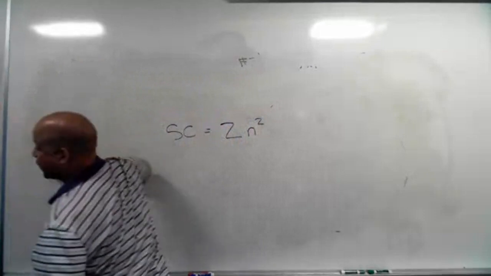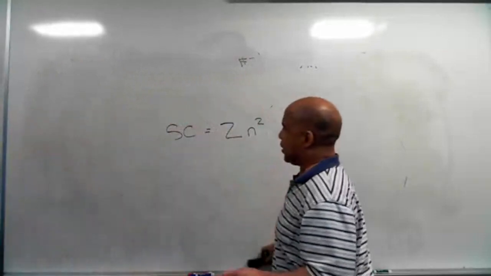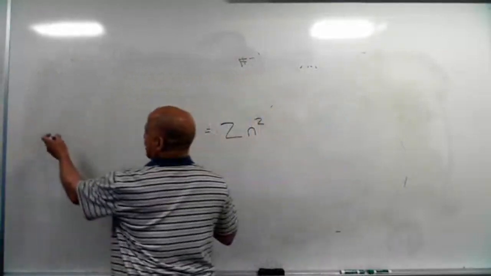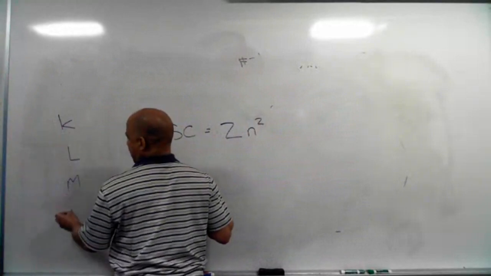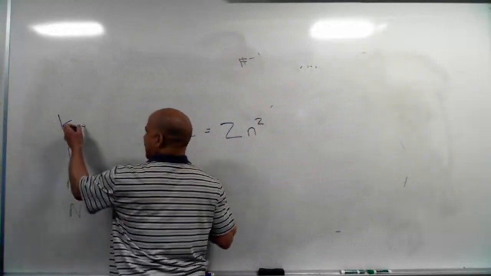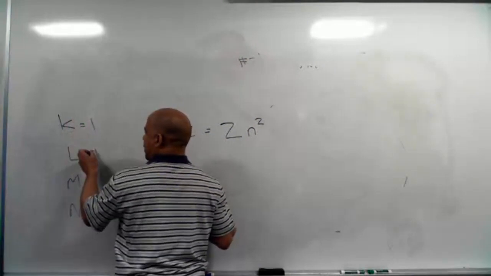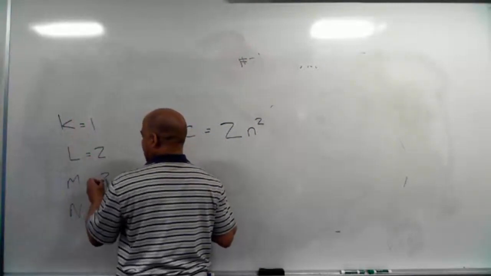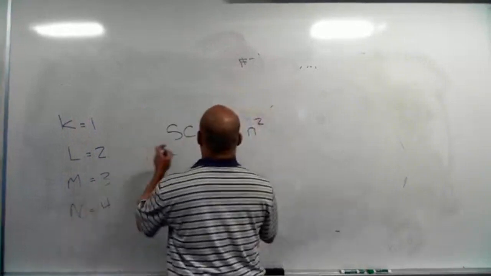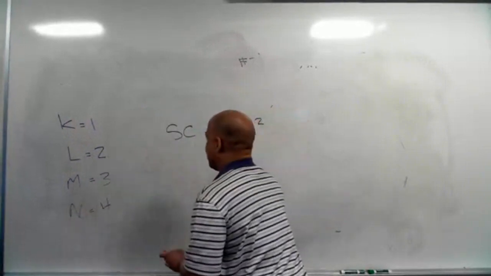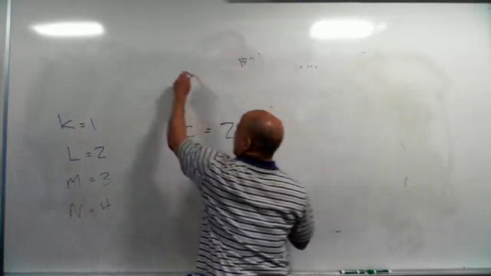So we had that, and then to know that, you've got to know the shell numbers. To get the shell capacity, you've got to have the shell letters. So we had K, L, M, N. You've got to know that K is the first shell, L is the second, M is the third, N is the fourth shell. That's the n.